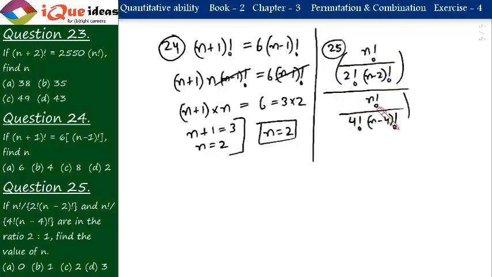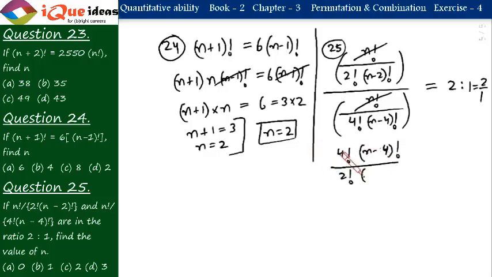This ratio is given 2:1, or let's say it is 2 divided by 1. Okay, now n factorial and n factorial are cancelled. This denominator goes to the numerator, so it becomes 4 factorial into n minus 4 factorial divided by 2 factorial into n minus 2 factorial, that is equal to 2/1. Right?